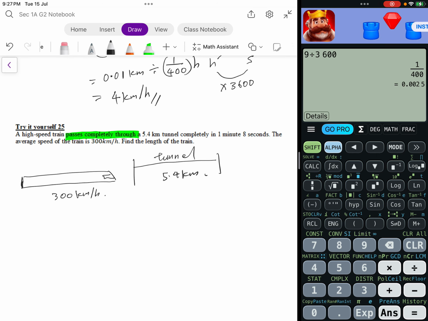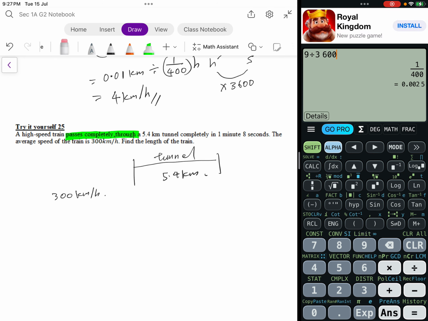Okay, so take note because they say passes completely through. So let's say if I move this nearer, I'm going to redraw this. Let's say the train is just exactly at the entrance of the tunnel.